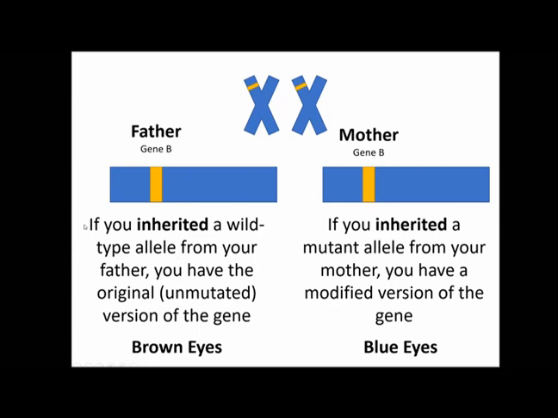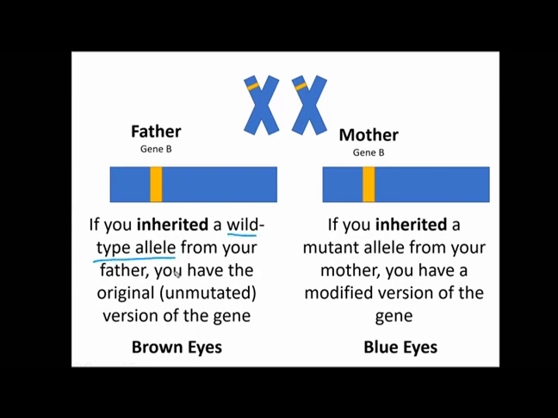If we want to talk about which version of a gene is the quote unquote natural version, the most common in the population, what has existed for the longest in the population, and we bring it back to evolution, which version evolved first, we can call that the wild type allele.